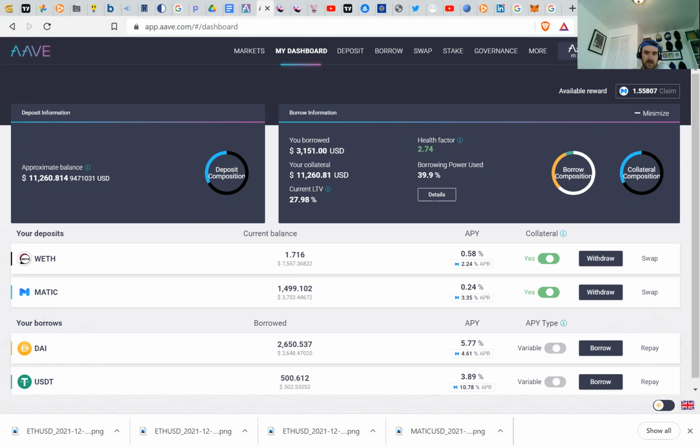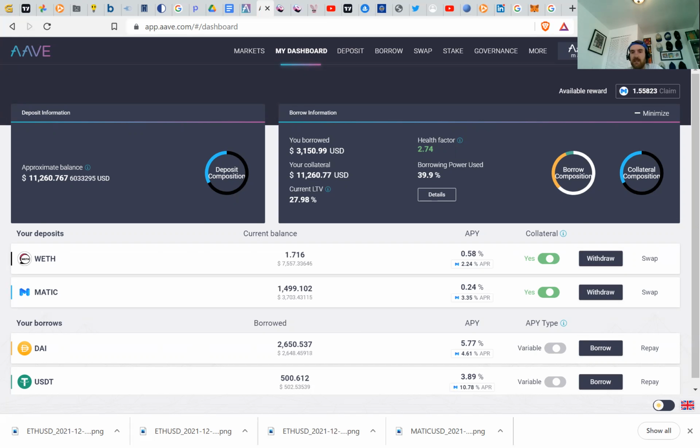So you do 4,200 divided by your current collateral. That's 37%. So you take 100% minus that, which would be a 63% drop from here, which would be a 1628 Ethereum.